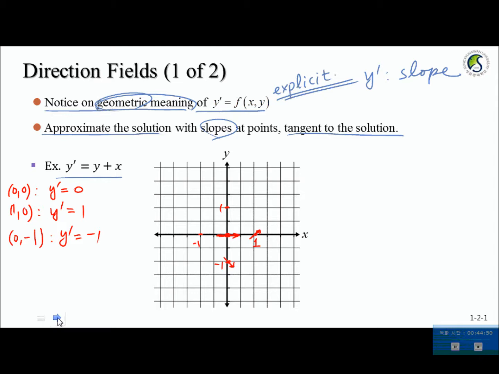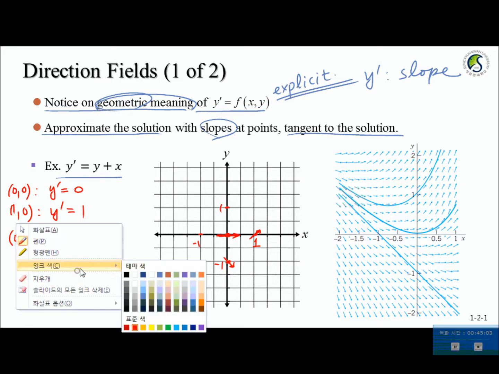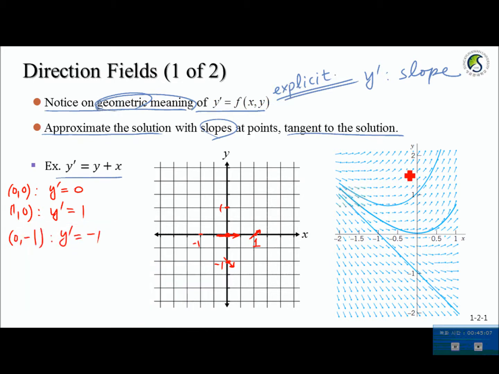At the end, if you draw it by computer or calculator, that's what you get. And out of those many arrows, you see the flow of the solution function.